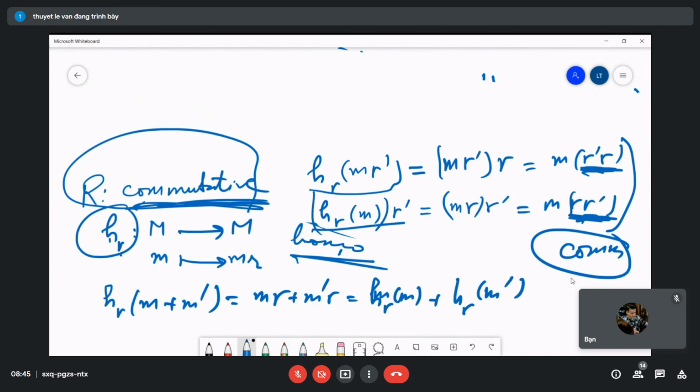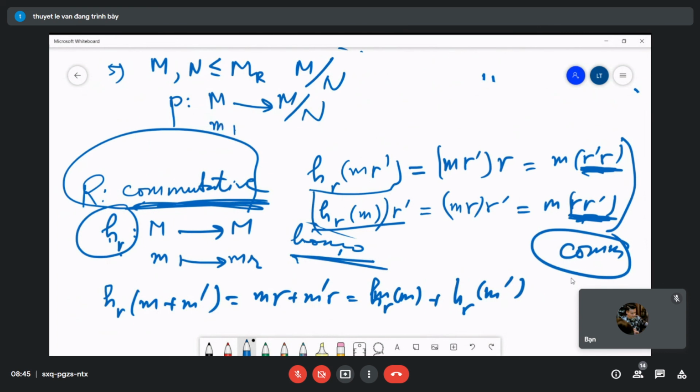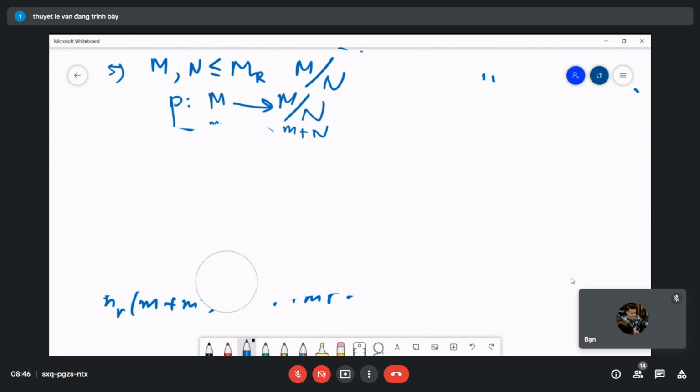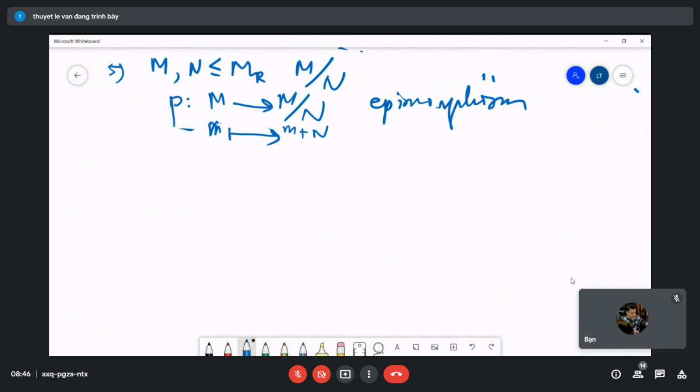And the last example is: for M, and N a submodule of M_R, you take the quotient M over N, and you take the projection P from M to M over N, sending every M to M plus N. That is an epimorphism.